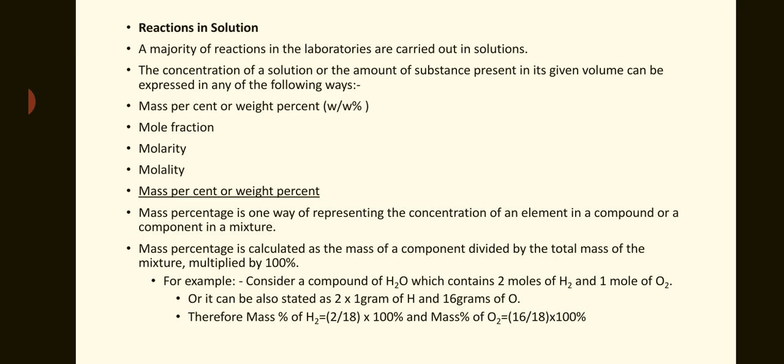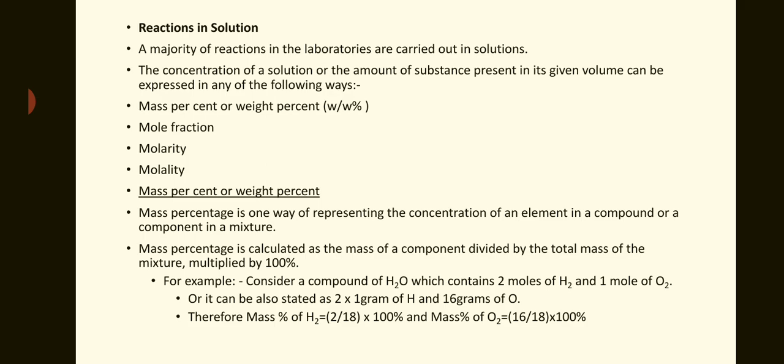You can take one more example, calcium carbonate, CaCO3. In calcium carbonate, the mass percent of calcium is 40, because if you consider 100 gram of calcium carbonate, the weight of calcium is 40.